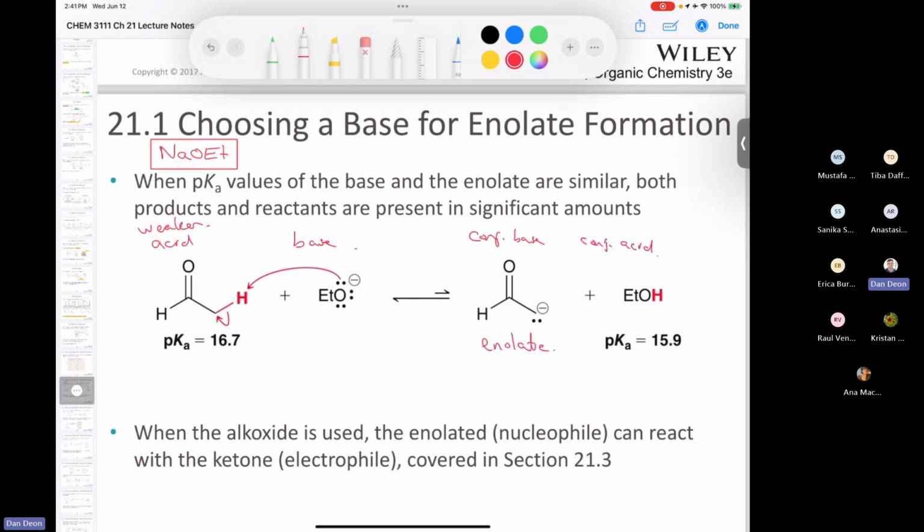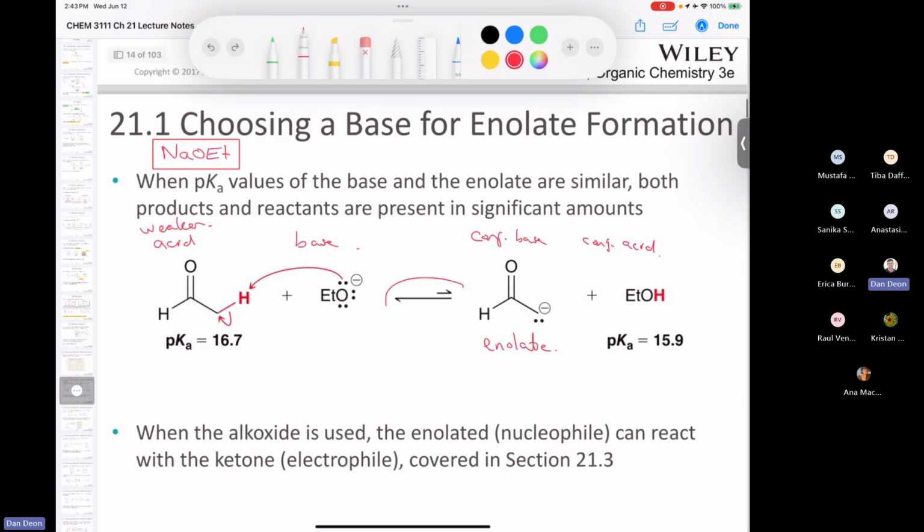However, think about this. If you were to mix acetaldehyde and ethoxide, what do you actually have? Since it's at equilibrium, that means you have some of the aldehyde and some of the enolate in the same flask. Let me draw them. You have some of this compound and you have some of this compound in the same flask. This is a nucleophile.